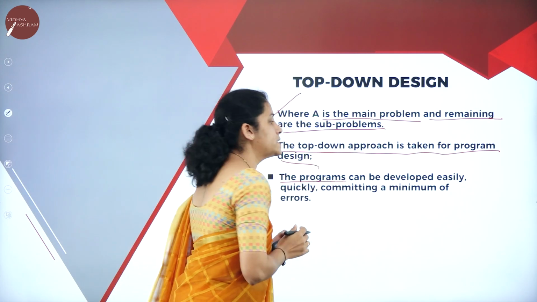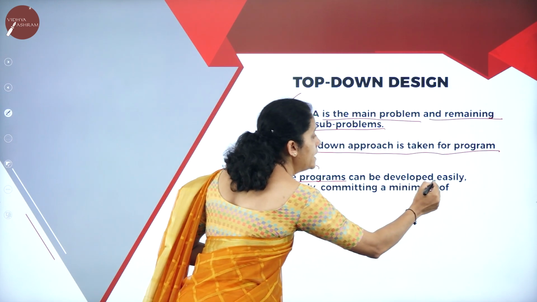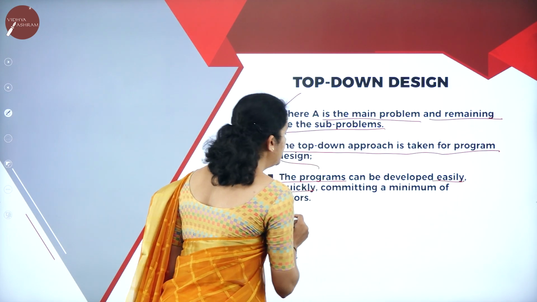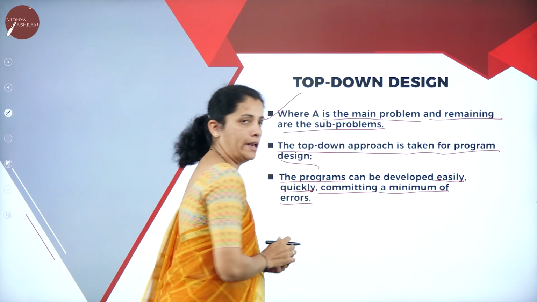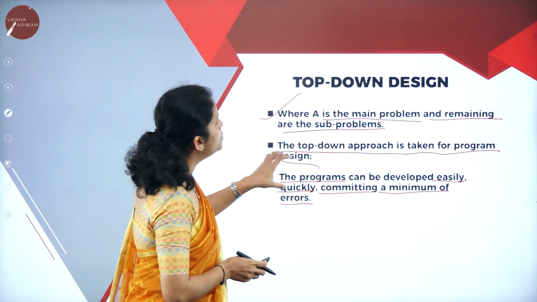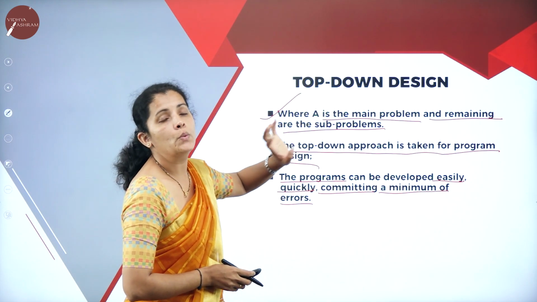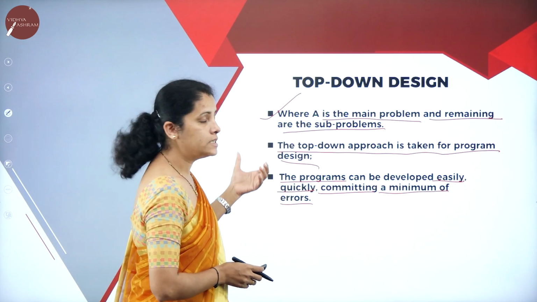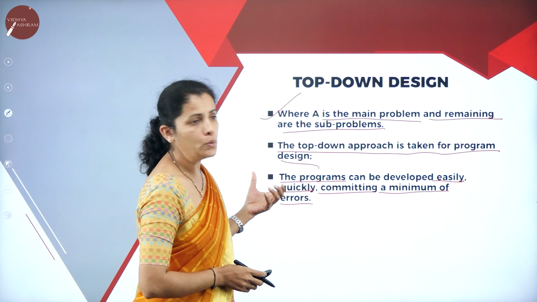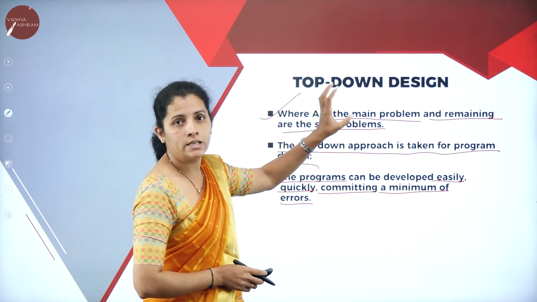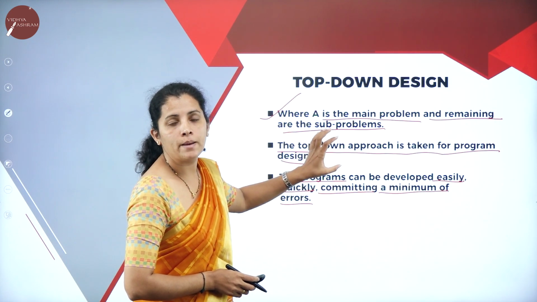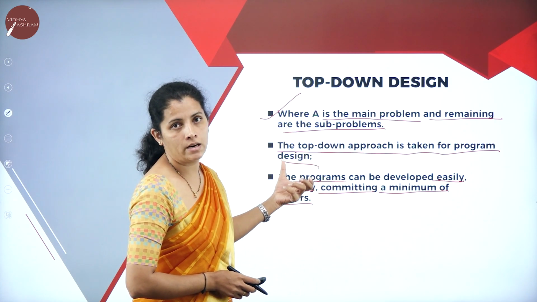The problems can be divided very easily, quickly, committing a minimum of errors. That means by using the top-down approach, we can design the code very easily and very quickly, and we can minimize the errors.